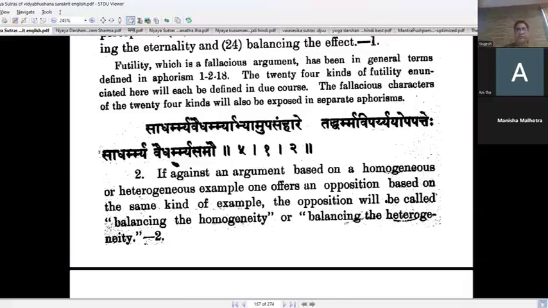First, sadharmya will be refuted by sadharmya. How do we do that? This example we saw in the last class. I'm just repeating it because we'll continue with this into the next points also. We saw the Pancha Avayava, the fivefold process of logic that is applied in all kinds of Nyaya arguments.